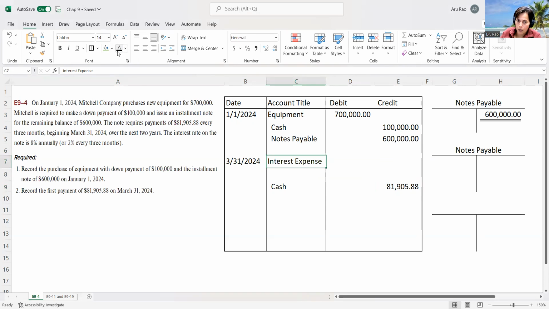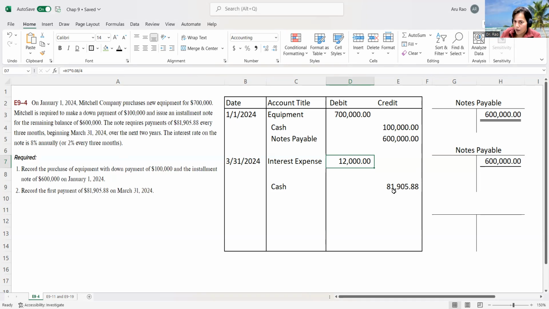Interest is always calculated on the outstanding liability, on the outstanding notes payable. Outstanding means how much I still owe. So this 600,000, let me carry that number down here. 600,000 times 2% is my interest expense. So that's $12,000.